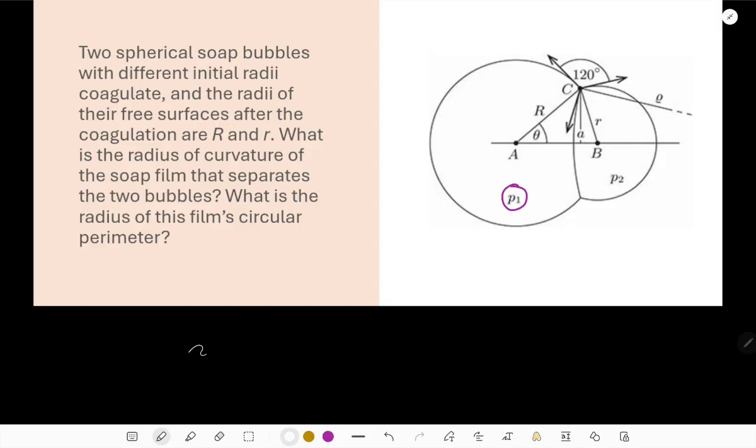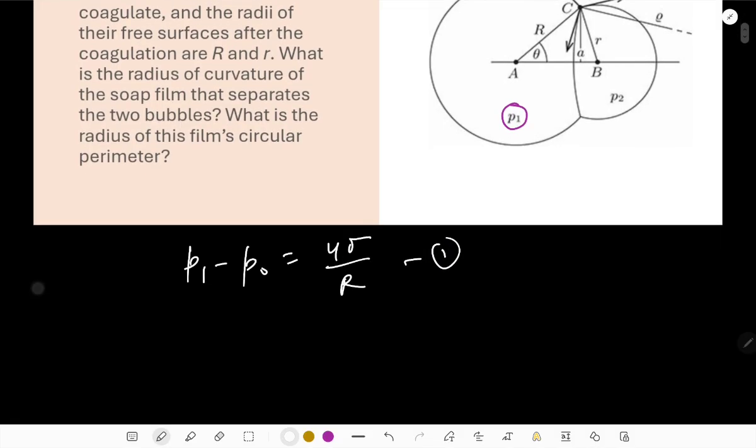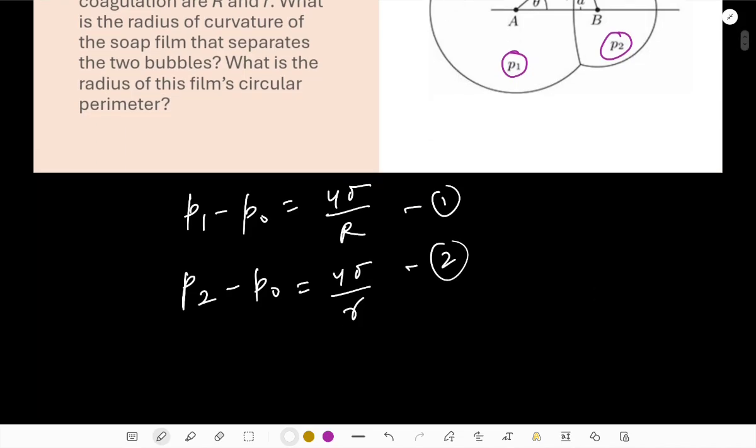So for their pressure difference, we can simply write P1 minus P0 equals 4 sigma by R. This sigma is the coefficient of surface tension, and in the same manner you can write P2 minus P0, the inside pressure of the smaller sphere, and the outside pressure, equals 4 sigma by r, where r is smaller.